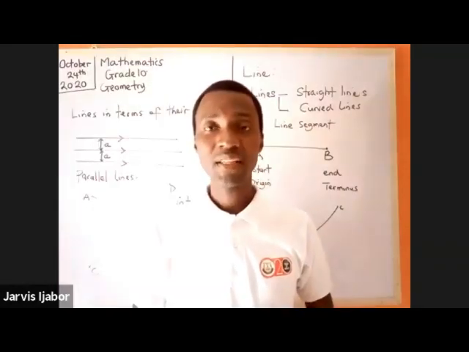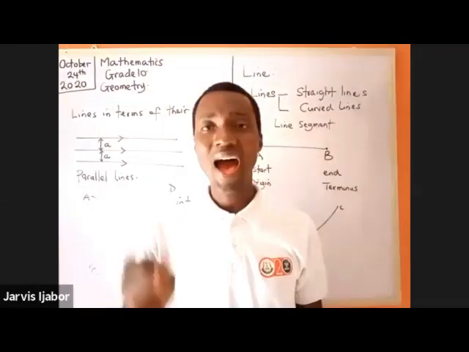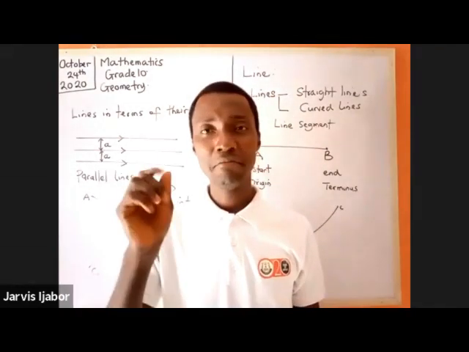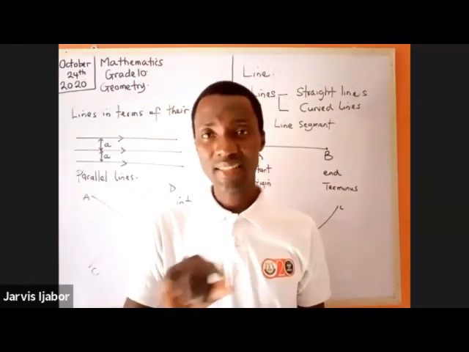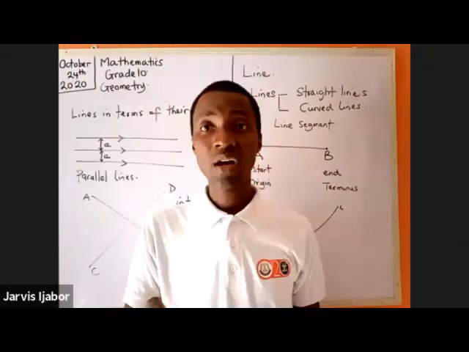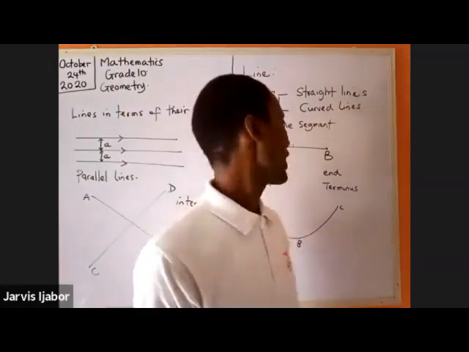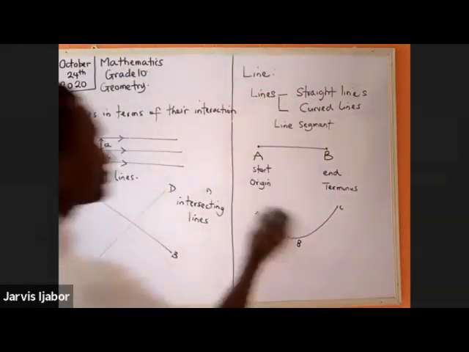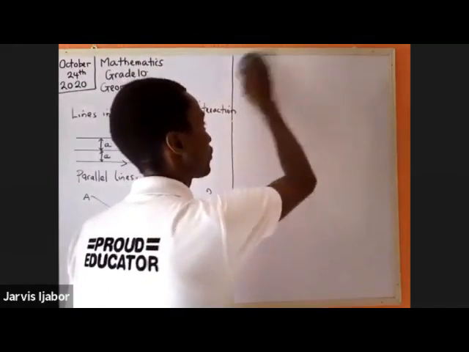I come again. Angles are formed whenever lines meet, intersect, or are joined. So let's look at the two examples of what I've talked about.